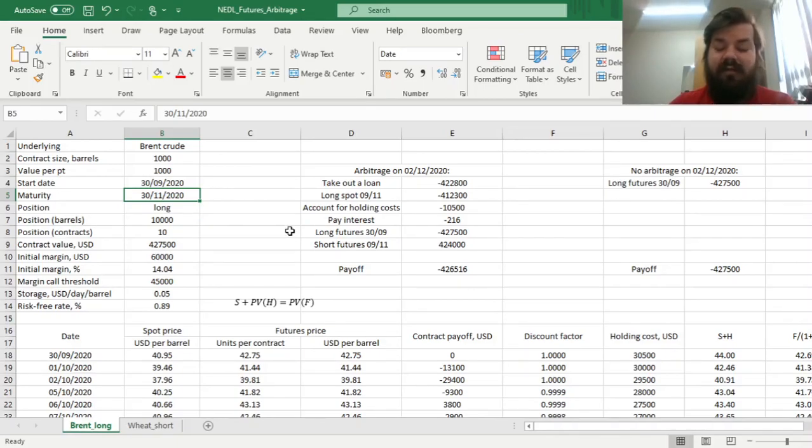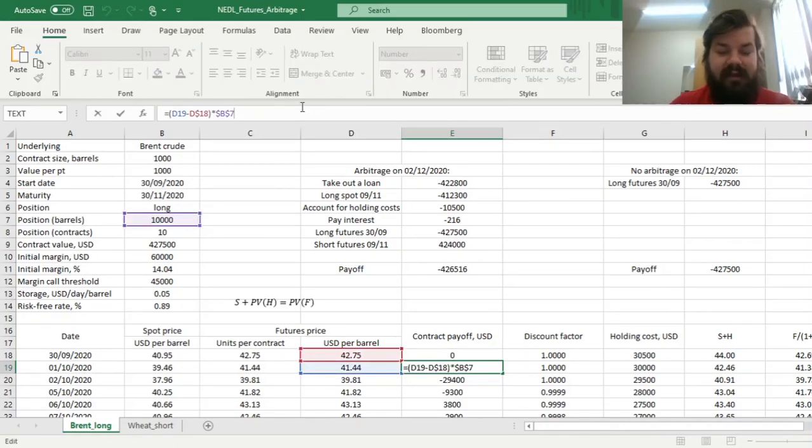And they have eliminated their exposure for 10,000 barrels of oil, meaning that as the contract size is 10,000 barrels, they bought 10 futures contracts. And it's all fair and square, and obviously we could see how the futures price evolves throughout the time and calculate contract payoffs using the simple formula relating the current futures price to the start futures price and multiplying it by the total size of our position.